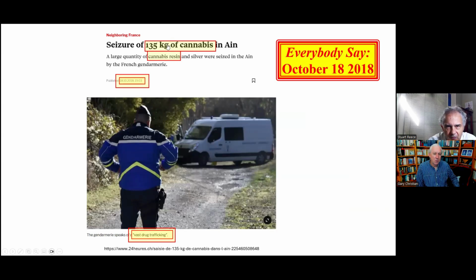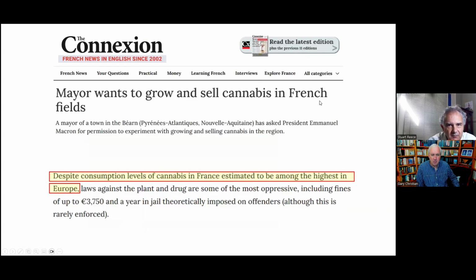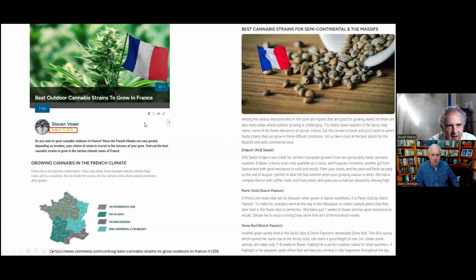So there's presumably a high-level cannabis exposure going on, at least in Ain. This is the same week as the other one. And then this mayor wants to grow and sell cannabis in French fields. This is in the southwest of France. This is not in these areas we're talking about. This is another area where they were wanting to grow cannabis.